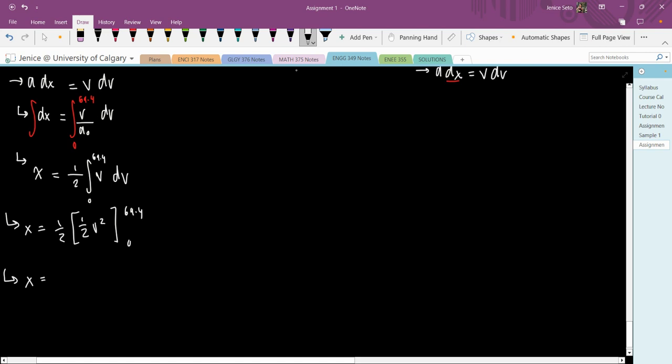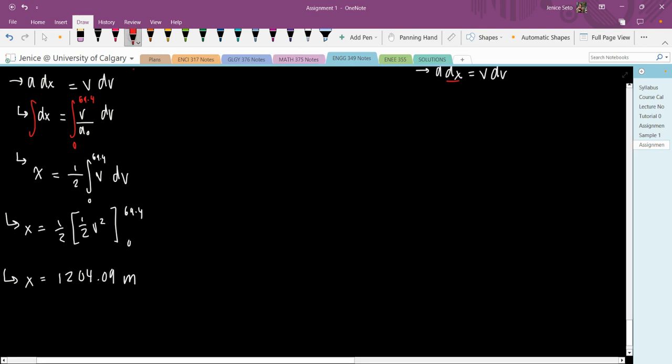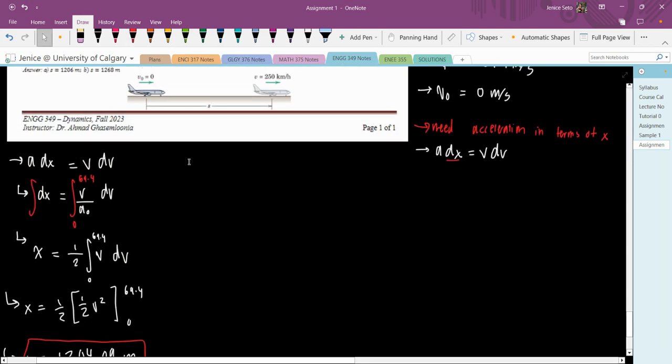And this is going to give us 69.4 squared divided by 2, divided by 2 again, which gives us 1,204.09 meters, with the drag term excluded, which is the answer to our first part.